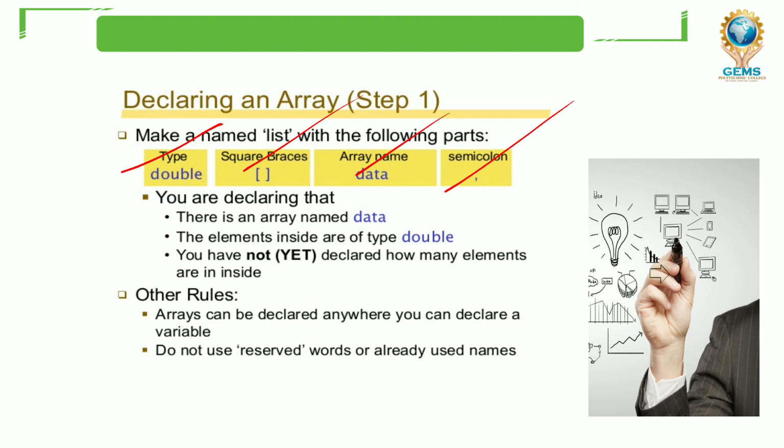Both are right. There is nothing wrong with changing left to right or right to left, especially for the square braces and array name. You can interchange their places. So declaring: first data type, double, square braces, array name data, semicolon. This declaration part is over.